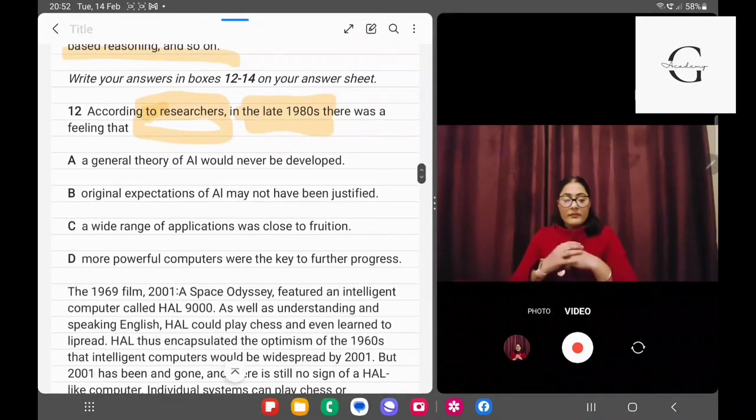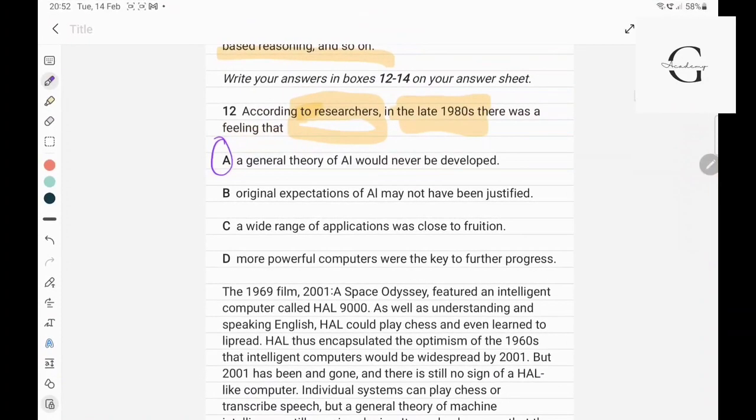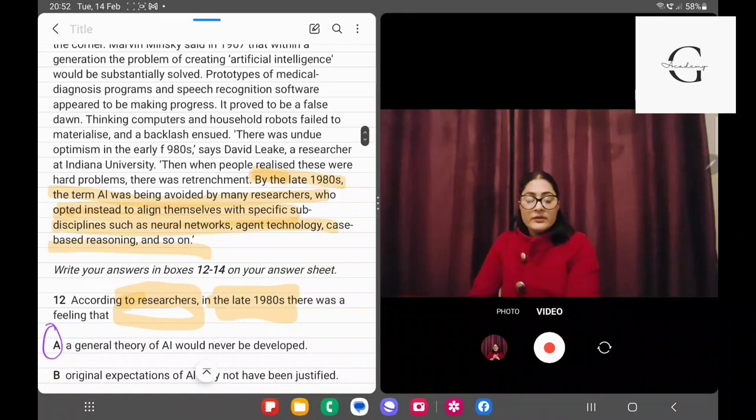Let's see. Option A is, a general theory of AI would never be developed. So there was nothing about theory I have read over there, because they have not discussed theory.